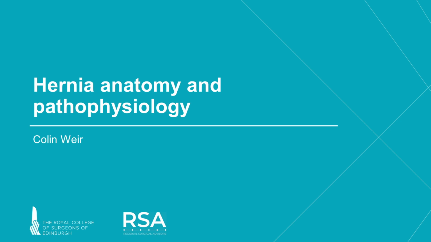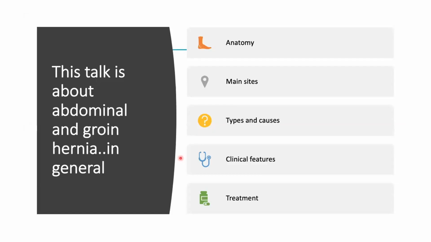So hi, everybody, and welcome to this short talk on the principles of hernia anatomy and pathophysiology, and basically basic principles of management. Today we're not going to cover in a lot of detail individual hernia or hernia sites. I wanted to give you a flavour of hernia at several sites, but basically in the anterior abdomen, which we call ventral hernia, and in the groin area.